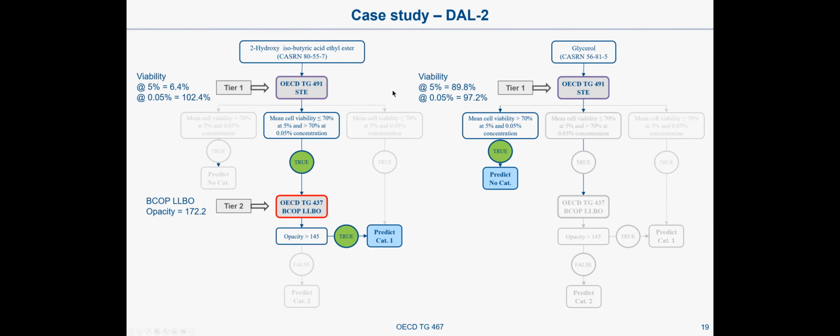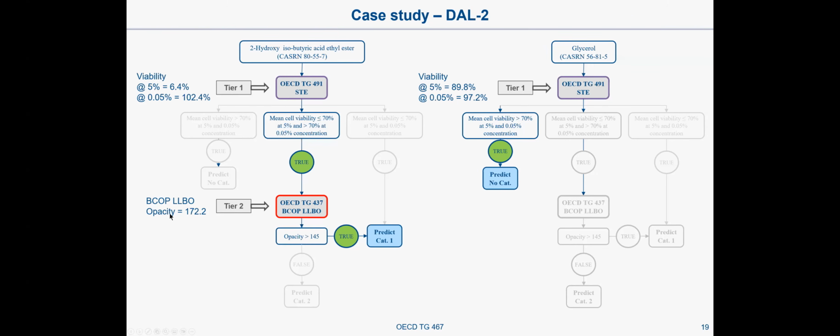And then here is an illustration with case studies on two chemicals. The chemical on the left is an in vivo category 1 chemical. You can start, for example, first with the STE test method. You can see that the viability at 5% is 6.4, which is far below the 70% cutoff. But at 0.05%, the viability is high, so above 70%. So it means that we need a second test, the BCOP LLBO, to distinguish between category 1 and category 2.